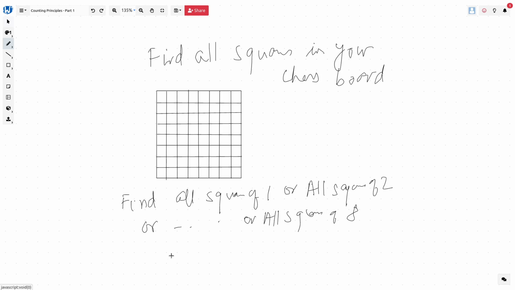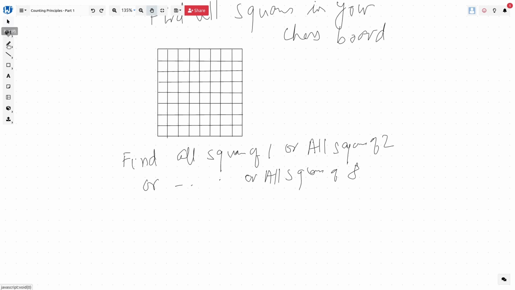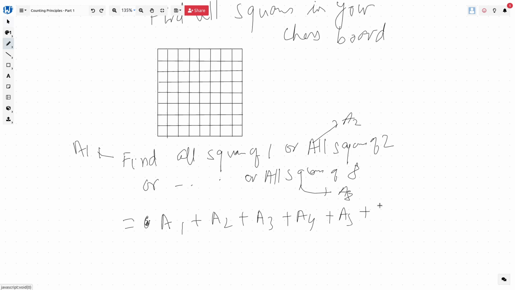Since the word "or" is here, we can simplify this expression as follows. All squares of 1 can be defined as a1, all squares of 2 as a2, all squares of 3 as a3, a4, a5, a6, a7, a8. So we write this as a1 plus a2 plus a3 plus a4 plus a5 plus a6 plus a7 plus a8.